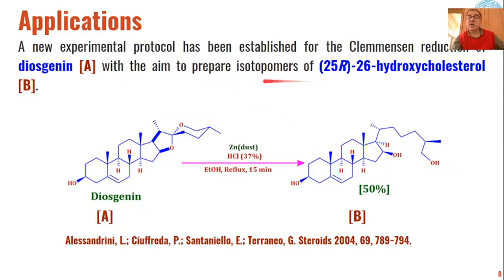So isotopomers of 25 or 26 hydroxycholesterol can be synthesized from diosgenin using zinc dust and HCl, refluxing it for 15 minutes, in presence of ethanol as the solvent. So overall, the process is a breaking of this bond over this place and this bond over this place, and we will get these types of hydroxycholesterols as the product.